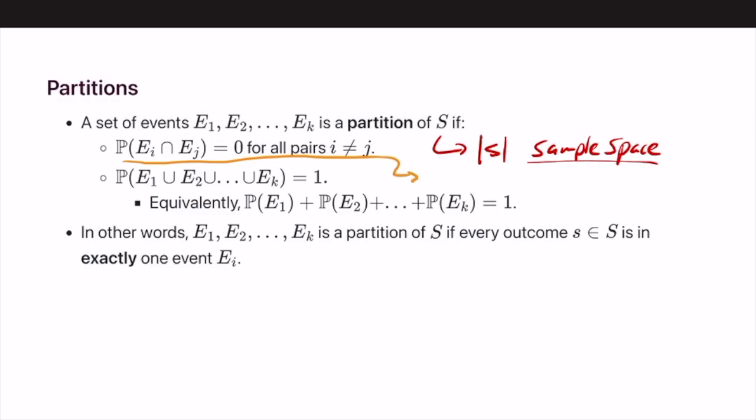that you have exclusive events. That is, just to stick with our example, you can't both drive and bike to school.